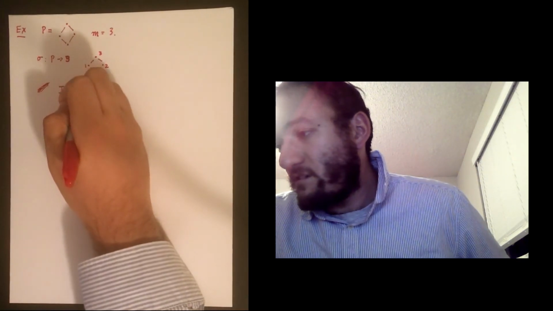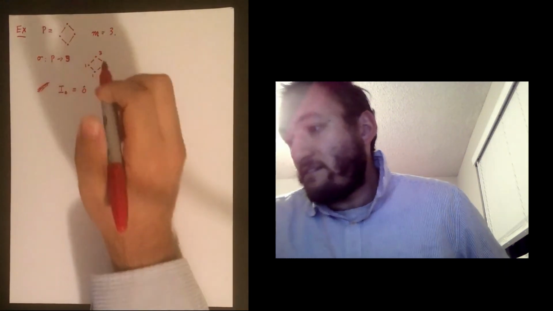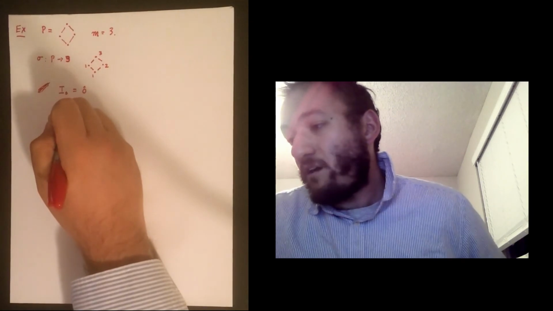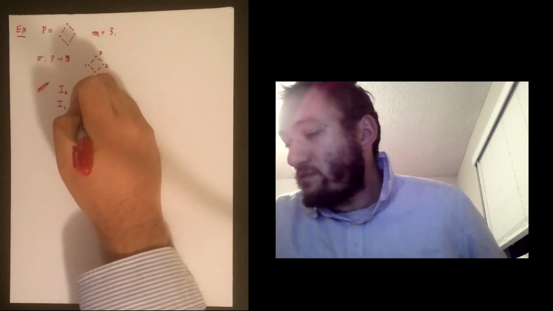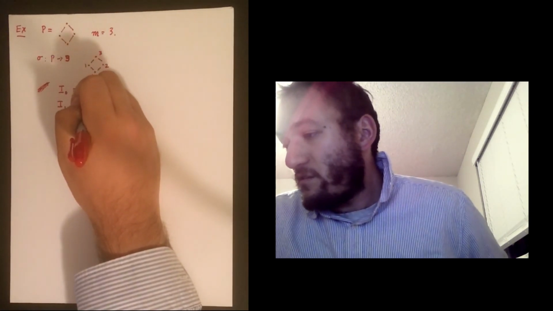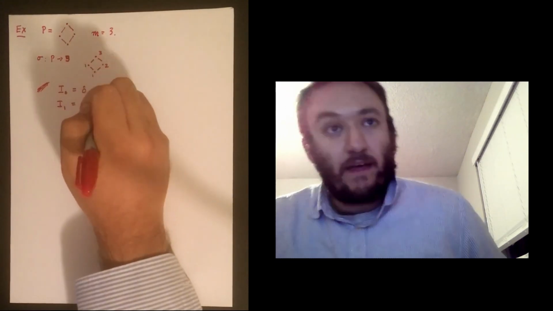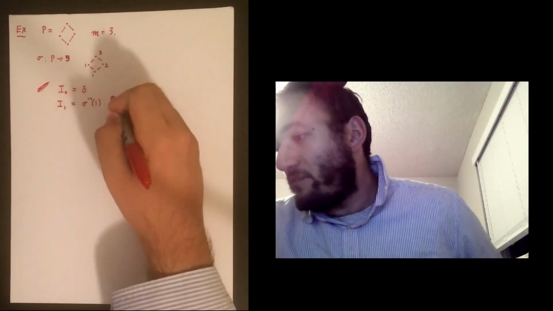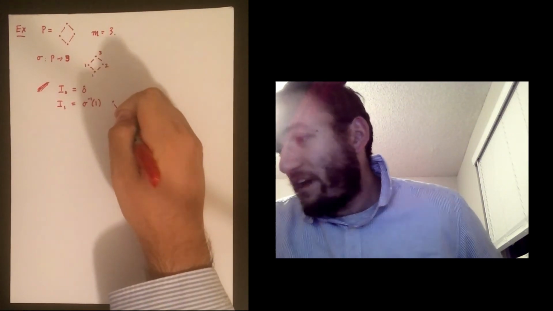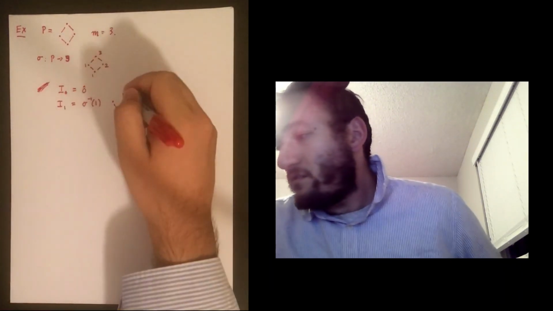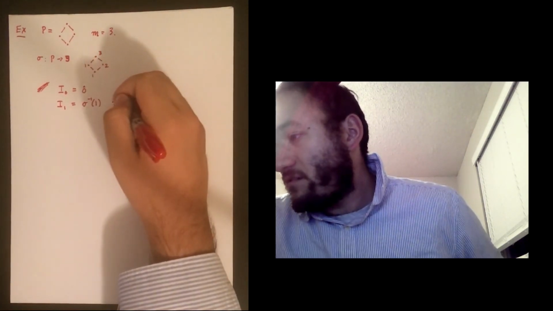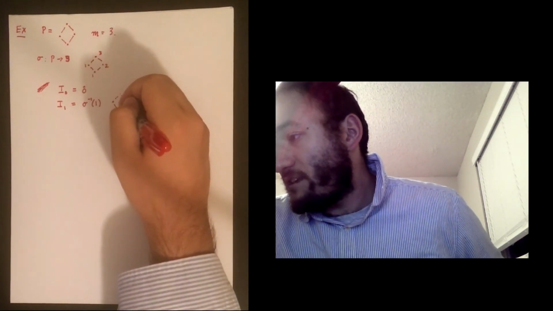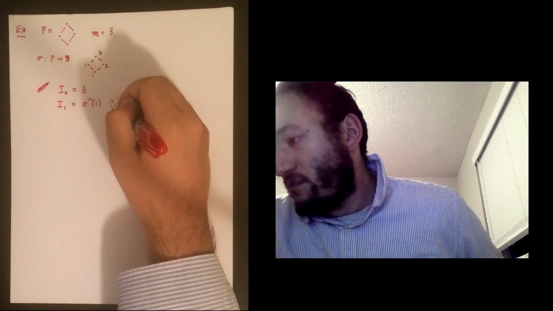I0 is just the empty ideal. I1 is equal to the preimage of 1 in the poset, which is just these lower two elements here. So it's given by that as a subset of this poset. So it's this order ideal.